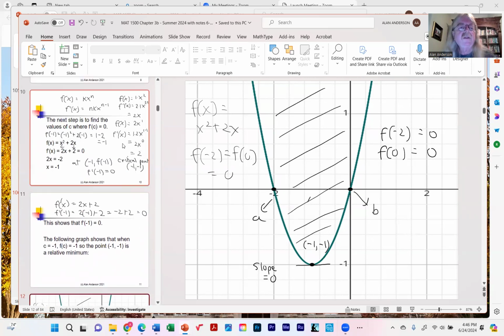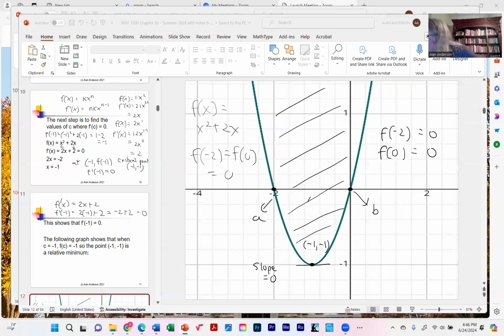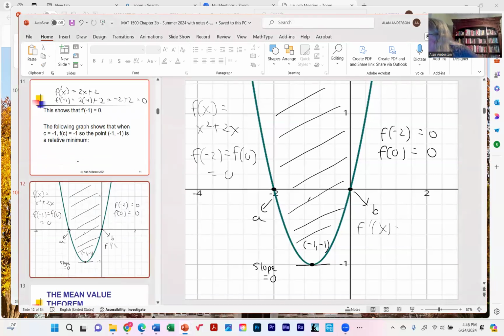Okay, so what you're going to do, as we did earlier, is find the first derivative and set it equal to 0. So based on the power rule, that's 2x plus 2. We set it equal to 0. And that would be this point right here.